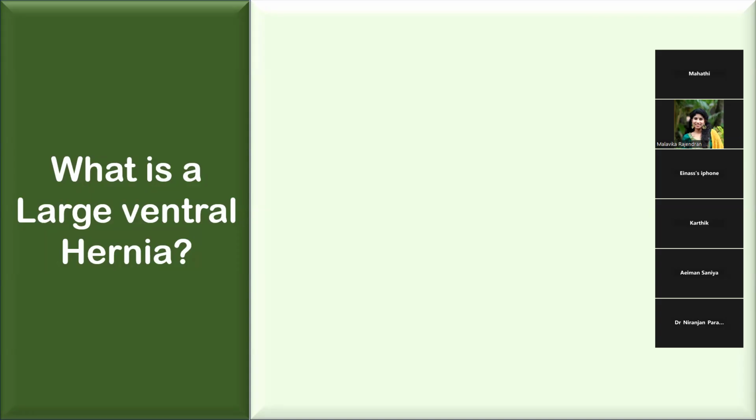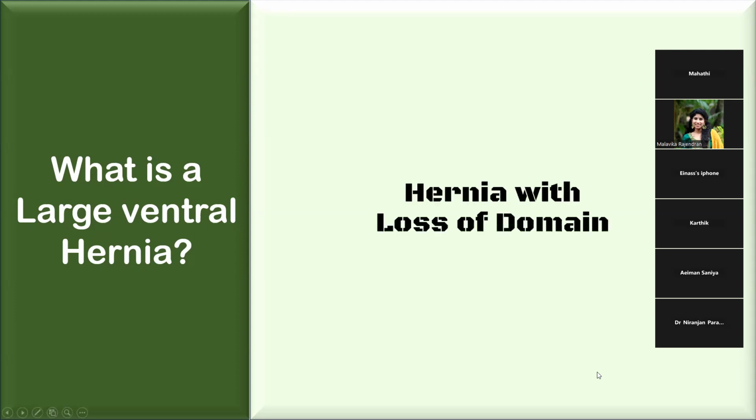That used to be the definition earlier, about 15 to 20 years ago. Is there anything much more logical, much more physiological now? Now we call it loss of domain. Correct. A hernia with a loss of domain is a large ventral hernia.